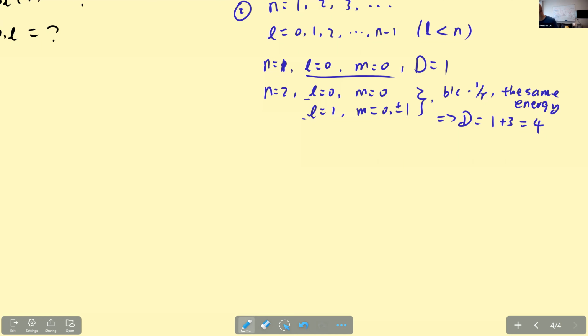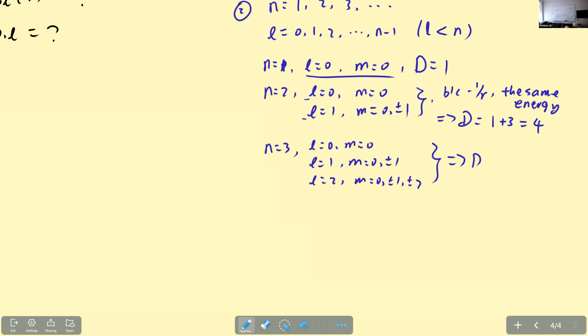You can also consider the case that n equal to 3, for example, and you can have l equal to 0 and m equal to 0, or l equal to 1 and m equal to 0, or plus minus 1, or l equal to 2 and m equal to 0, plus minus 1, plus minus 2, right? So all of these have the same energy, and then you have D equal to 1 plus 3 plus 5, and that equals to 9.